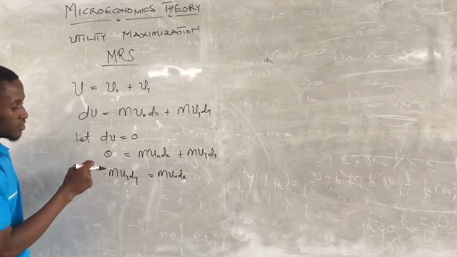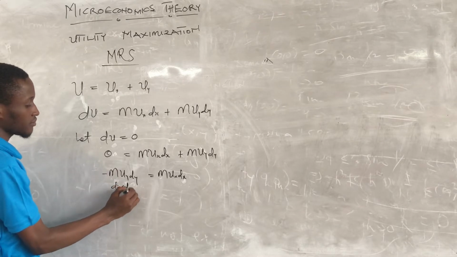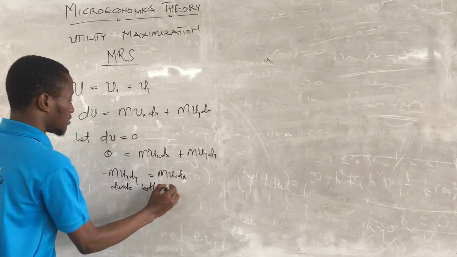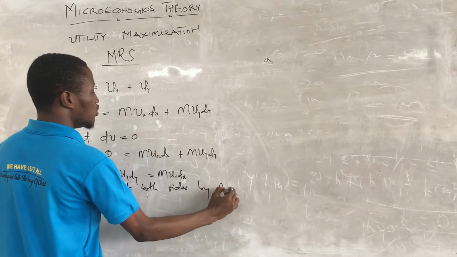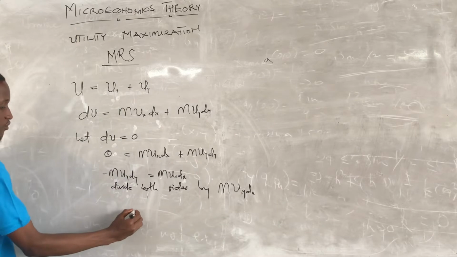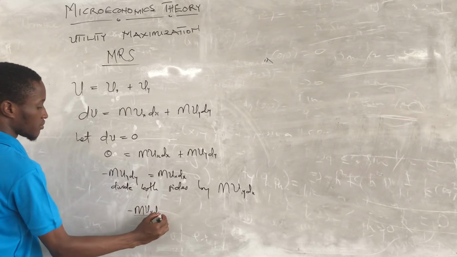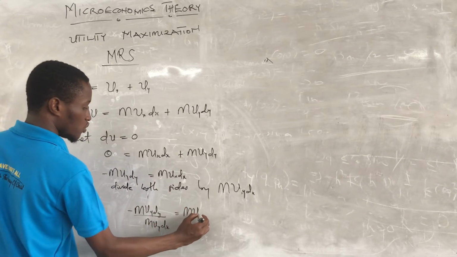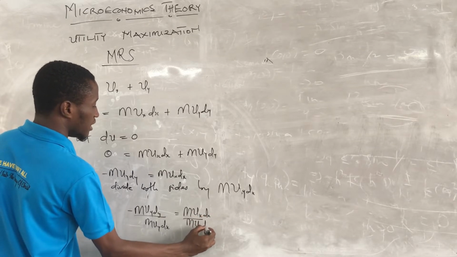So, to do it simply, I'll divide both sides by MUy dx. So that I have minus MUy dy divided by MUy dx equals MUx dx over MUy dx.